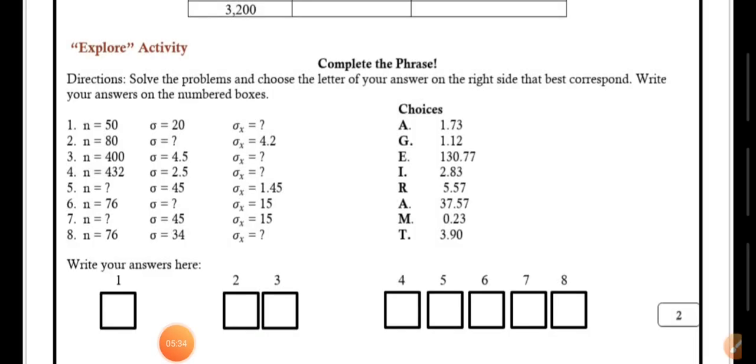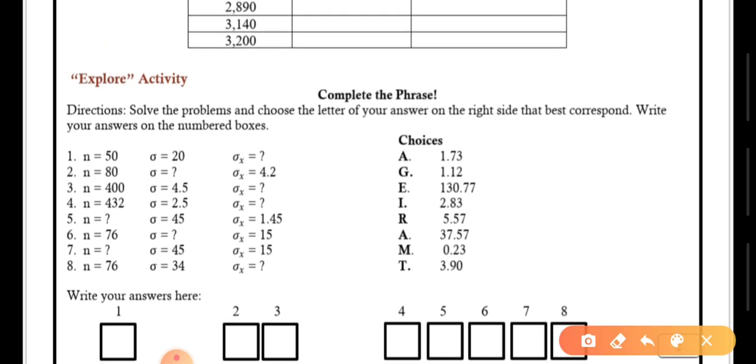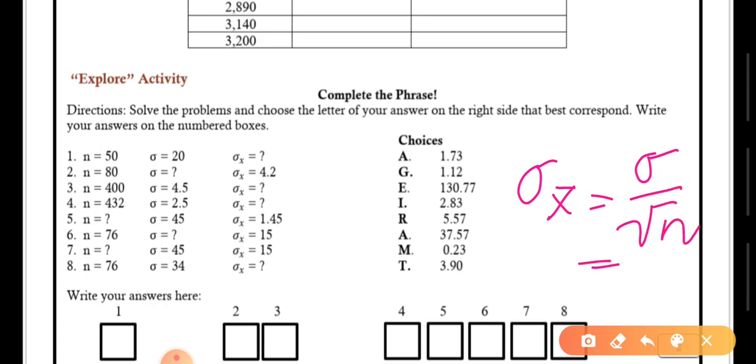For the explore activity, solve the problems and choose the letter of your answer on the right side that best corresponds to your answer. Write your answers in the numbered boxes. Again, going back to the formula, this is equal to sigma over the square root of n. In number 1, the given is 20, divided by the square root of 50.